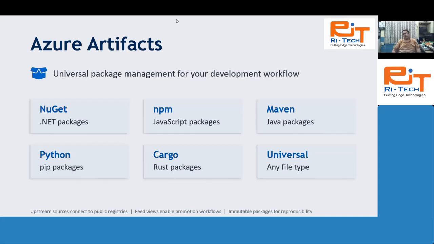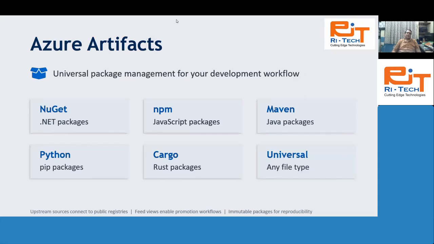Because if you are working on an application with different technologies, for example React, .NET, Python, Java together, and that is possible with the help of microservices architecture, you need different package managers to pull the packages required by your application. So that can be configured using Azure Artifacts.